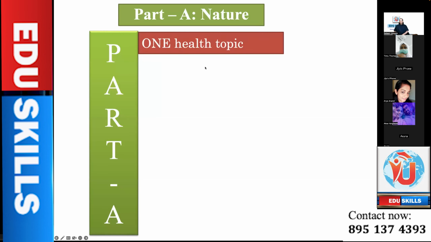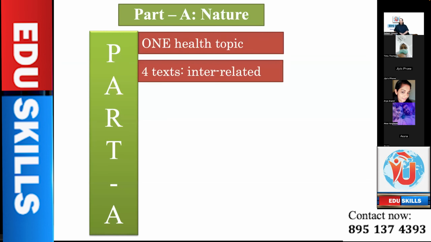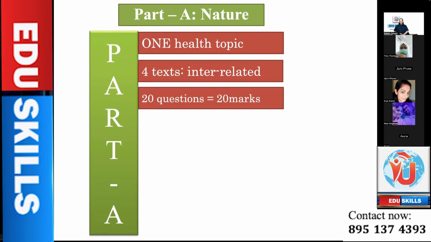And in Part A, the nature is this: there will be one health topic. All the 4 texts will be based on one single health topic, so the 4 texts are interrelated. For example, if the topic is diabetes, all the 4 texts will be related to diabetes. Maybe the first text may define the condition.